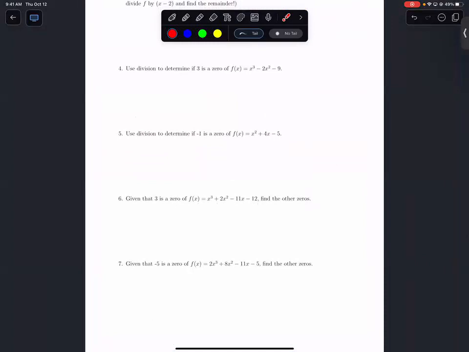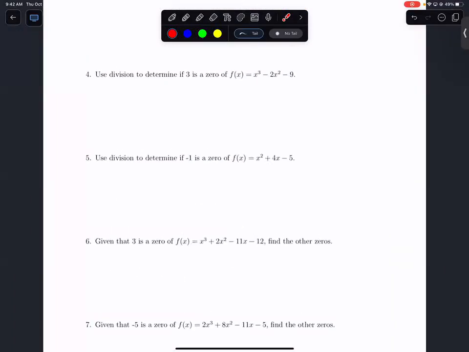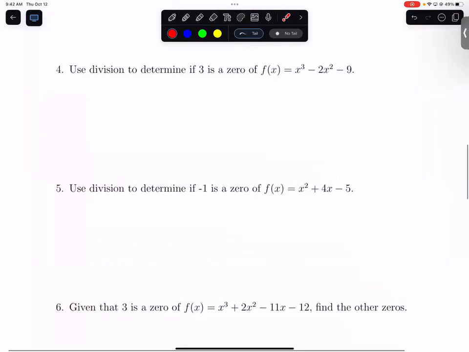More to the point of why we care about this are the other questions. Use division to determine if 3 is a 0, if -1 is a 0. If I divide this by, again, 3 for synthetic or x minus 3 for long division, how do I answer the yes or no question about if that's a 0? If I just plug 3 in and get 0, then yes, it's a 0.